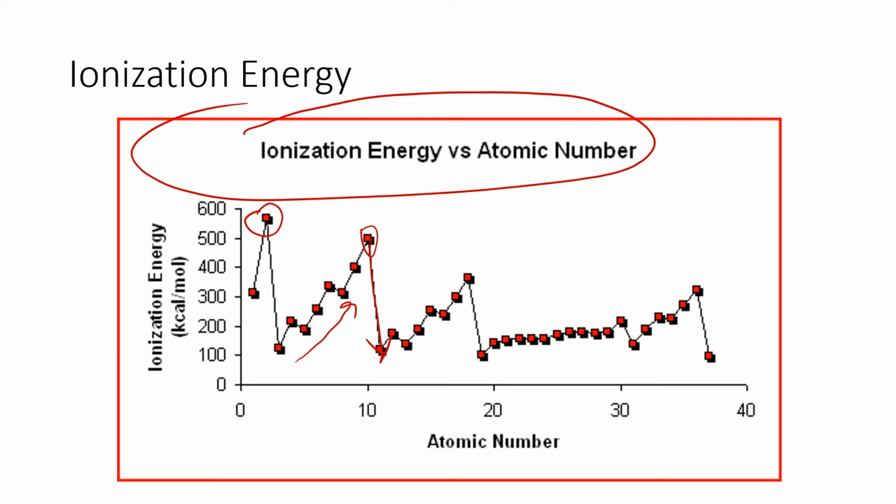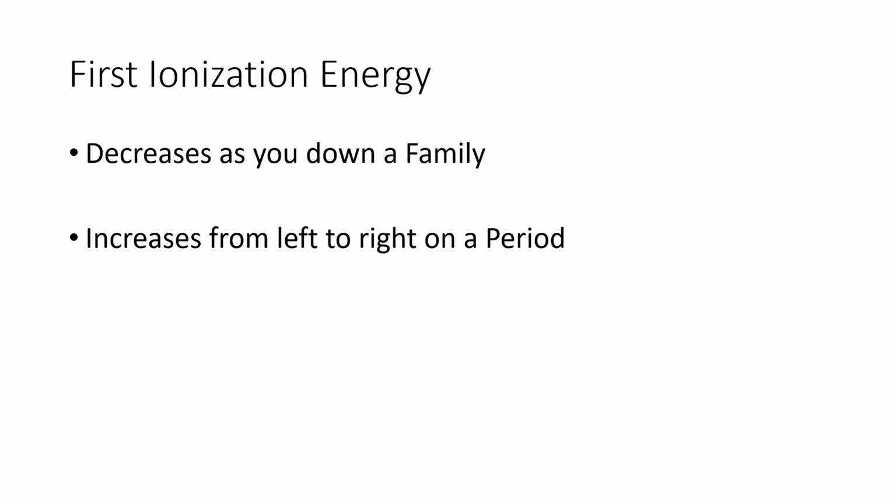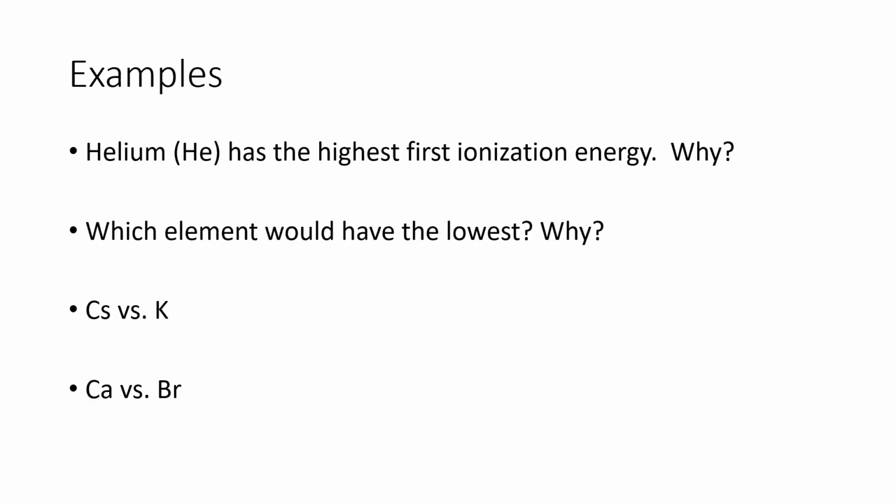This one requires the most energy to remove the first electron. So this one is helium. It decreases as you go down a family and increases from left to right on a period. So helium has the highest because it only has 2 electrons and only 1 orbital.